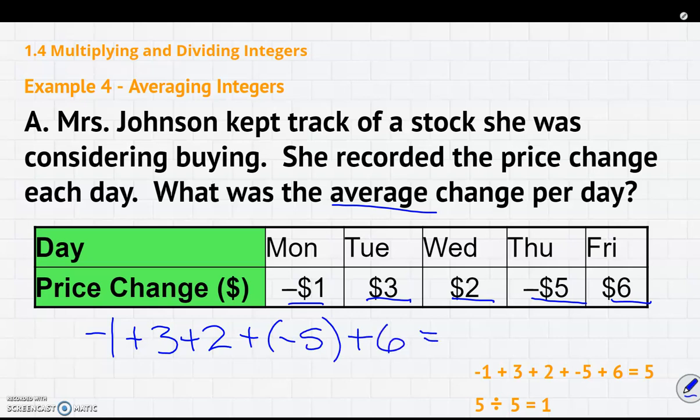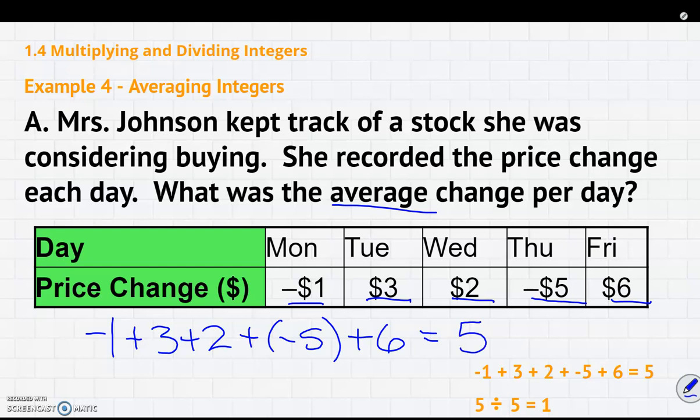Okay, so we're first going to find the sum, or in other words, add up all the numbers. So -1 plus 3 is 2, and 2 plus 2 is 4, and 4 plus a -5 is -1, and -1 plus 6 is 5. So when I add them all up, I get 5.